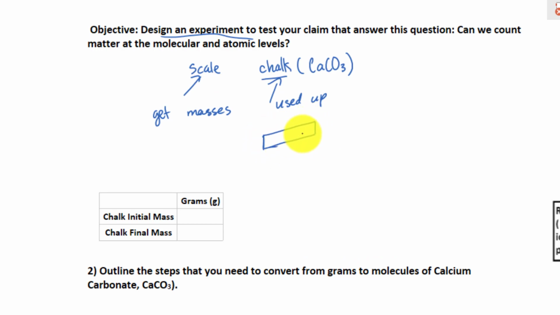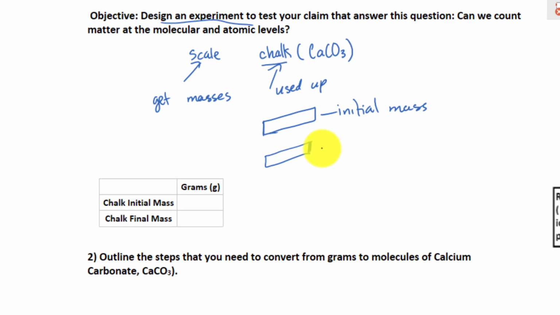This piece of chalk, of course, would have an initial mass. And what happens to this piece of chalk when you use it to write your message? Of course, the mass is going to decrease. So we can consider this as your final mass.